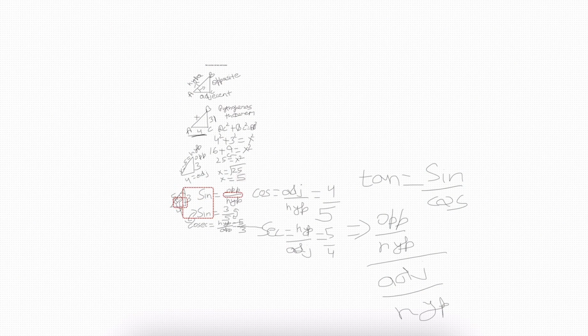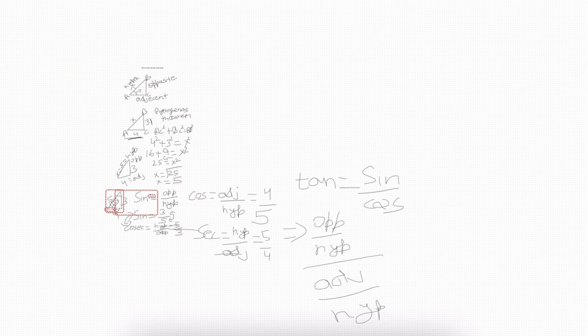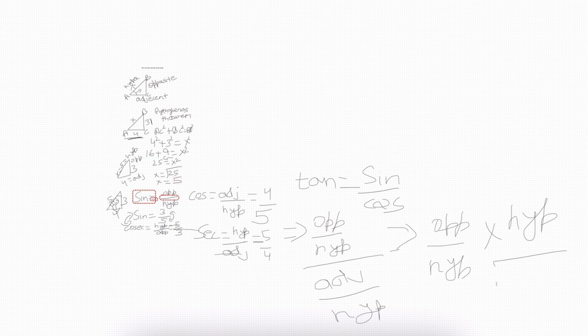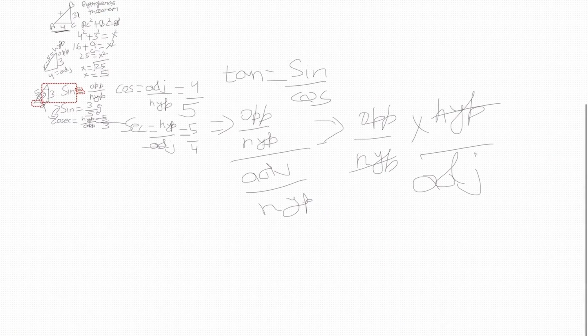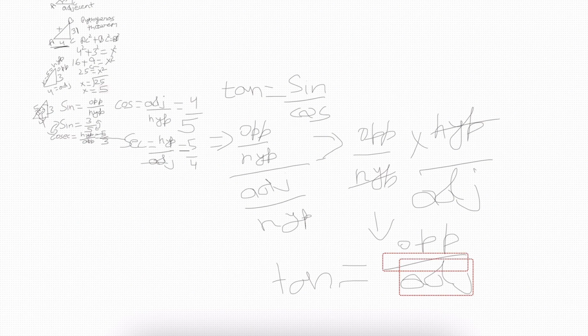Now we put the values: opposite over hypotenuse, and shifting the other side, hypotenuse over adjacent. So this cancels out, and we're left with opposite over adjacent. So tan is equal to opposite over adjacent.